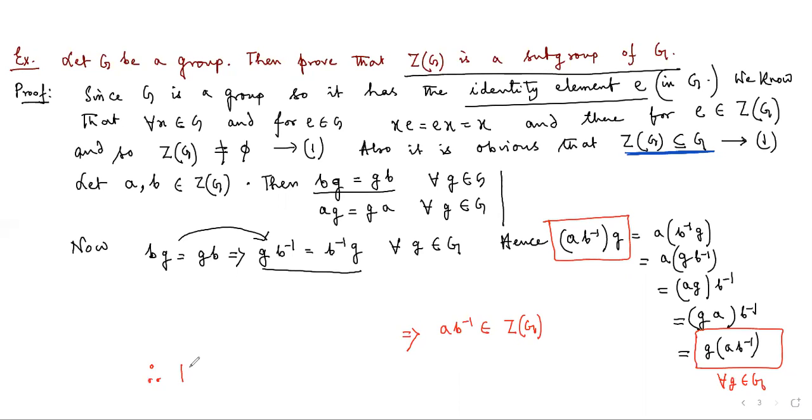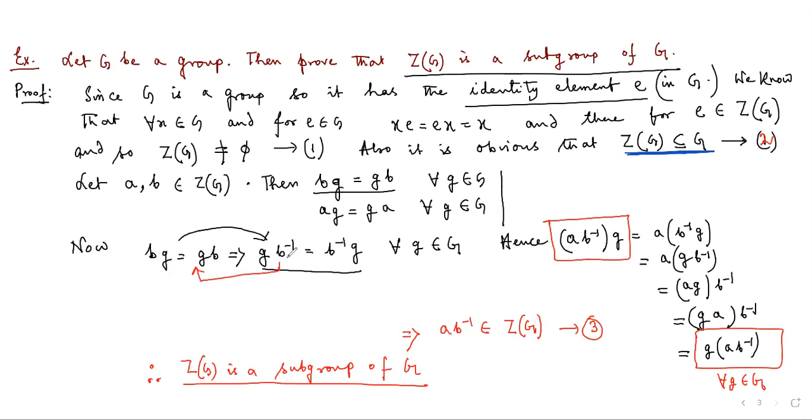This is equation number 3, and that I'm writing as equation number 2. ZG is a subgroup of capital G. GB equals GB and BG equals GB, and here you just do this calculation.